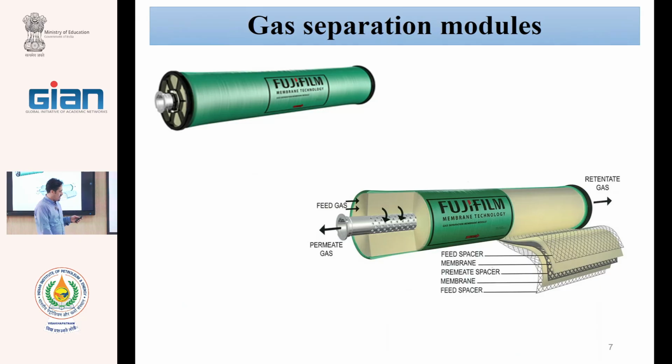Therefore, the company changed its products from photographic film to membranes, because with their technique, Fujifilm produced films and changed the polymer for production of membranes.